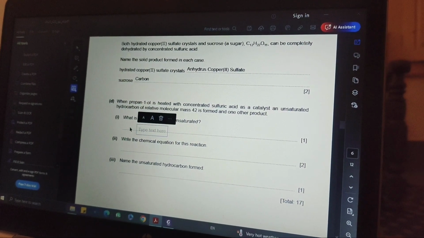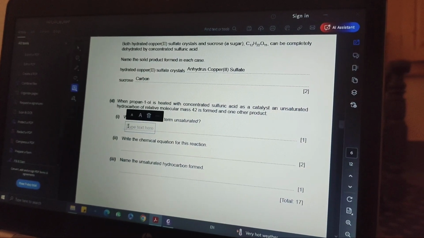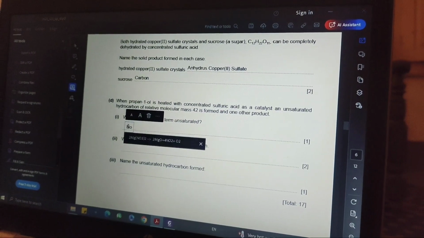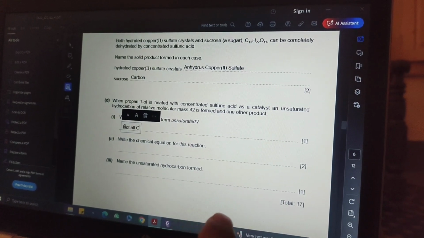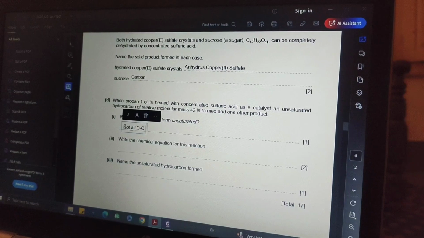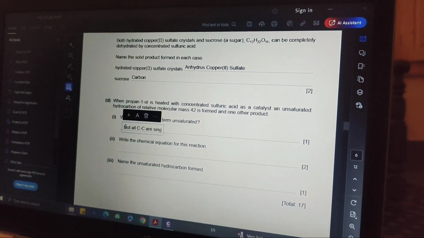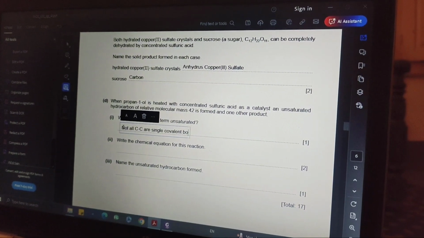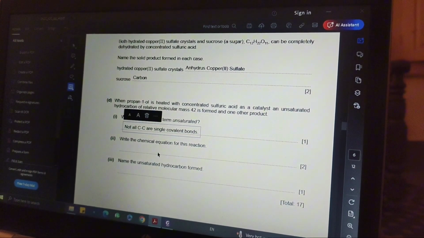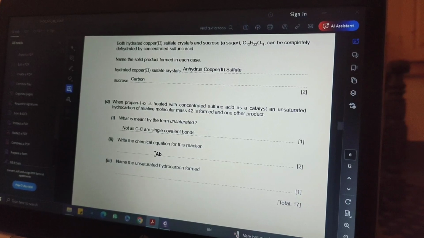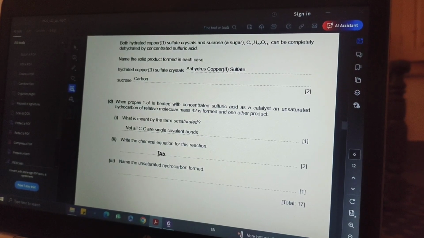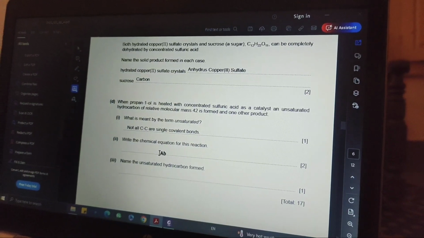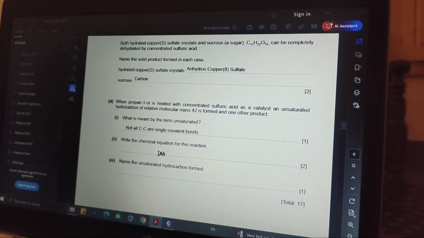So in organic chemistry, whenever we use the term unsaturated, it means that not all C–C bonds are single covalent bonds. It means there should be at least one carbon-carbon double bond to make the structure unsaturated. Okay, write the chemical equation for this reaction.